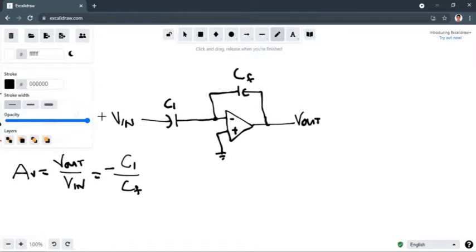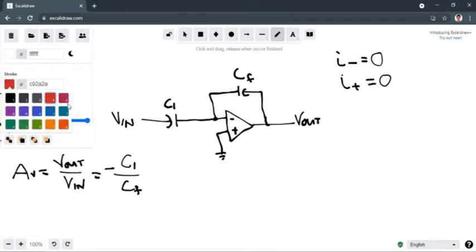Let's go straight to this. Before we start deriving our equation, let us recall some of the properties of an ideal op-amp. Okay. So on an ideal op-amp, the current on the inverting input is always 0. Same as in the non-inverting side. The current here is always 0. By the way, why is it 0?